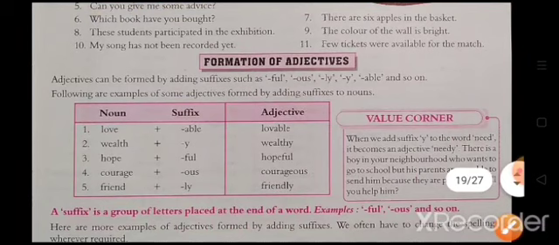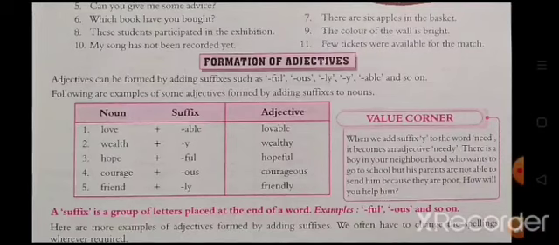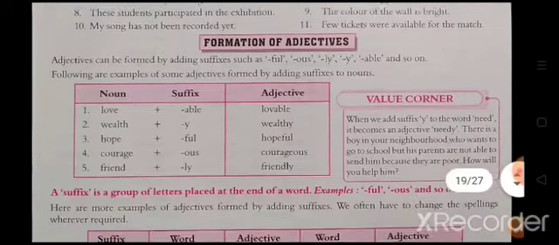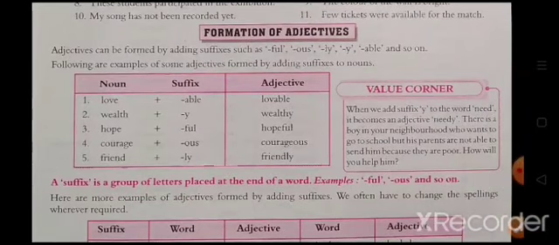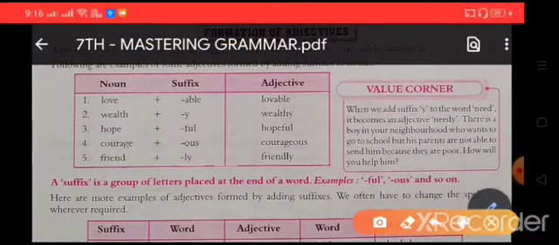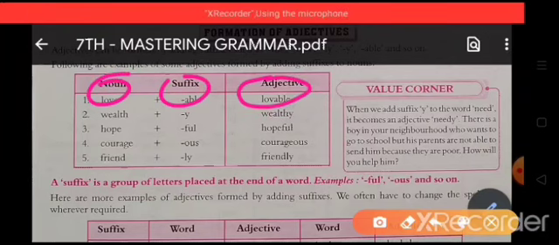Now formation of adjective. Adjective can be formed by adding suffixes such as full, ous, ly, y, able, and so on. Following are examples of some adjectives formed by adding suffixes to nouns. Now here we can see love plus able becomes lovable.